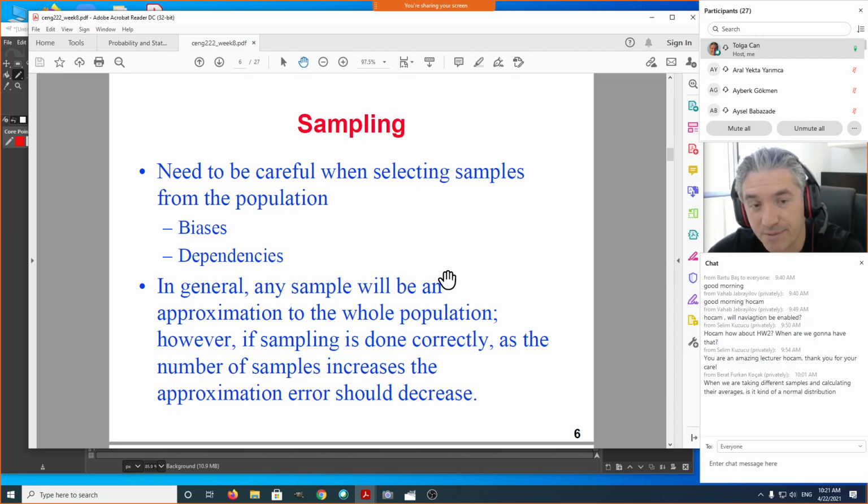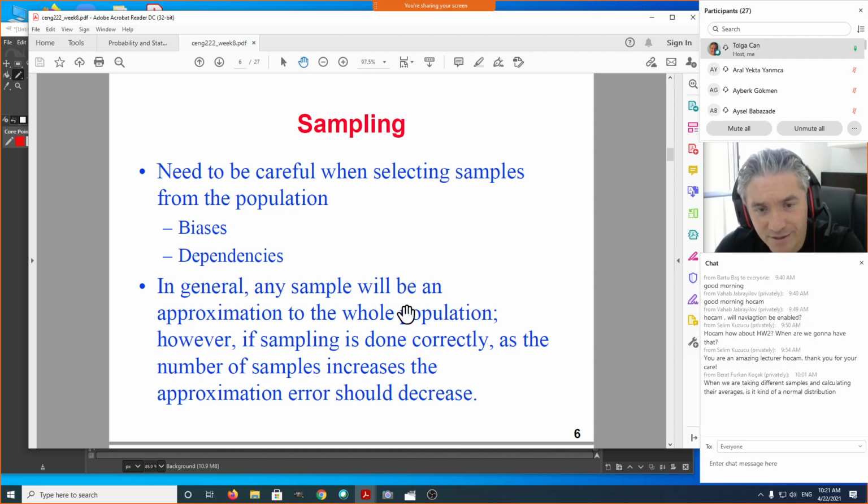So the dependencies between data points should be reduced as much as possible during sampling. If you do that, your sample will be a good representative of the population. Otherwise, it will be biased, and it will not be a good estimator of your population parameter.